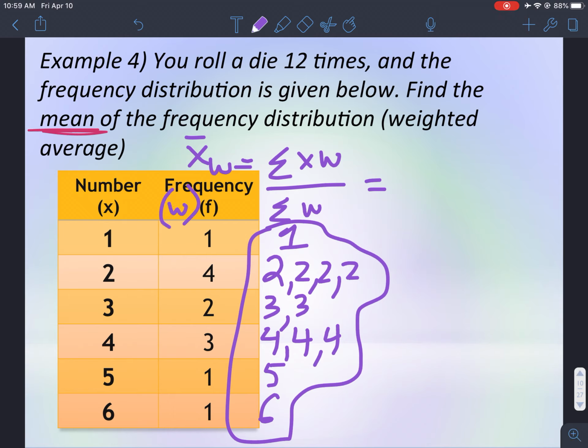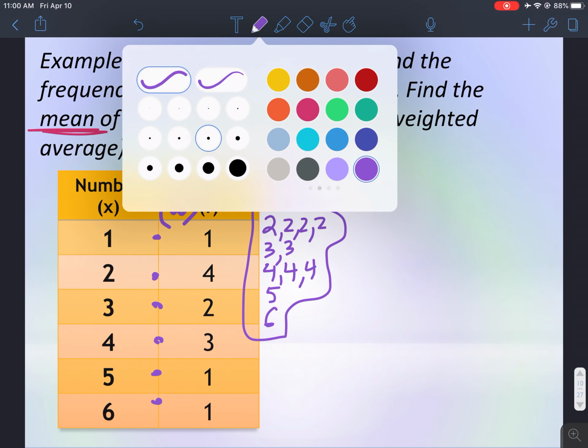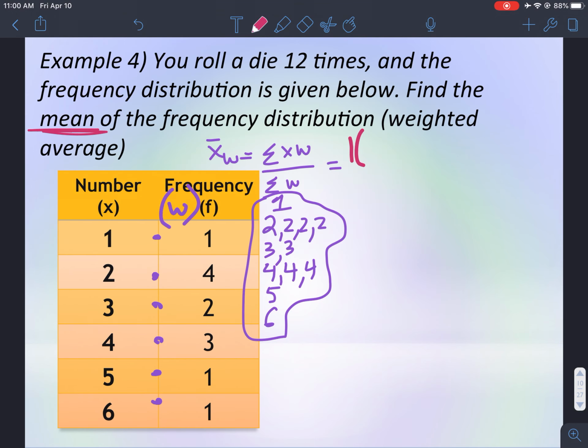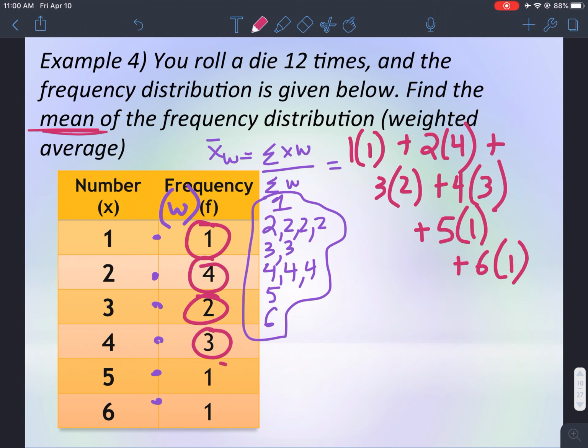Think of this as the weights, which means that the sum of x times w should be given by 1 times 1 plus 2 times 4 plus 3 times 2, 5 times 1 and 6 times 1, where everything in parentheses there, those are all the weights, and then divided by 12.